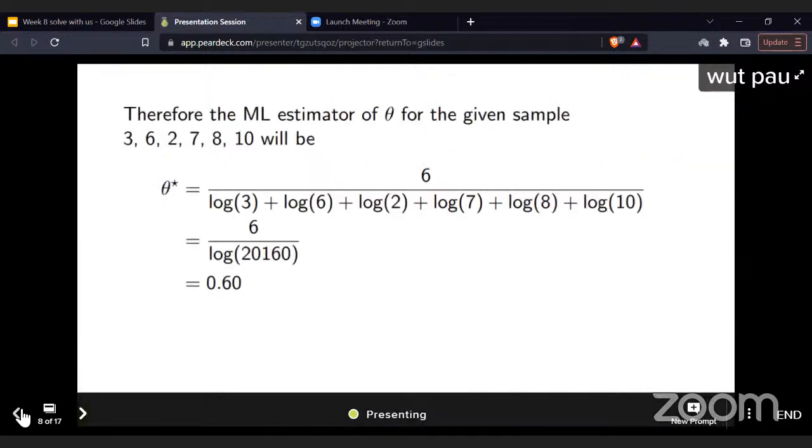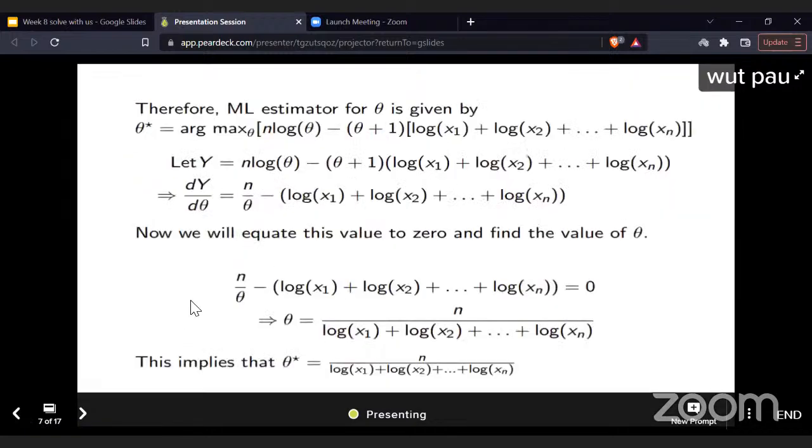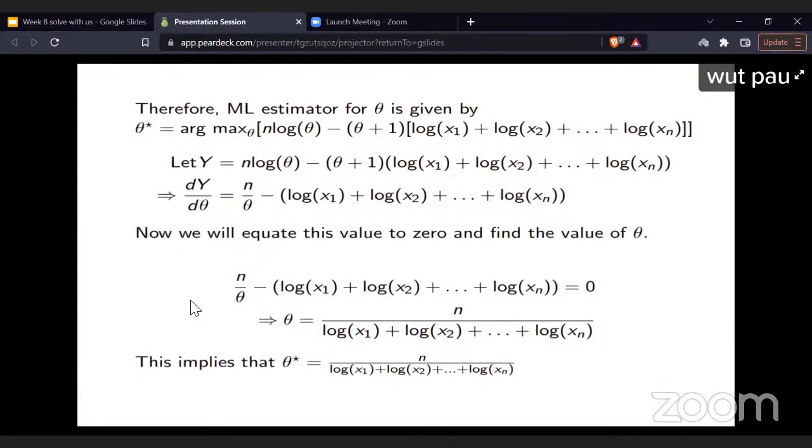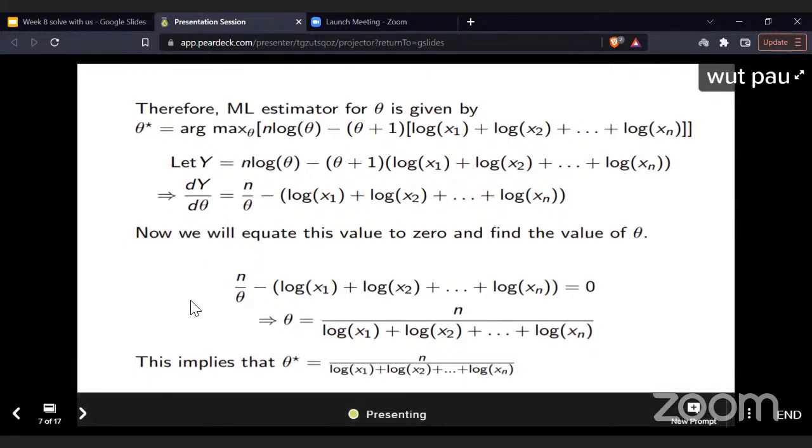Can you just go to the previous step for a minute? We are equating this to 0 and getting theta equal to n by this expression, and this gives the estimate of theta, theta star.